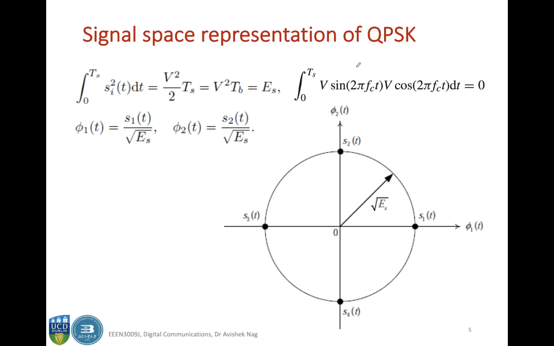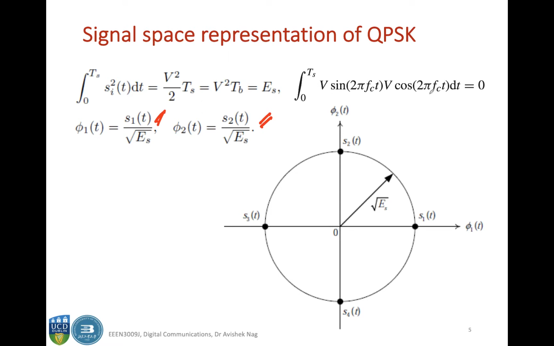So the signal space representation of QPSK will look like this. So you have the phi 1 and phi 2 axis. So phi 1 is basically given by this, and phi 2 is given by this. So you can apply Gram-Schmidt also to verify that this is the case.